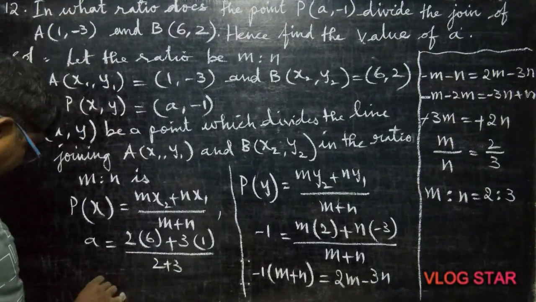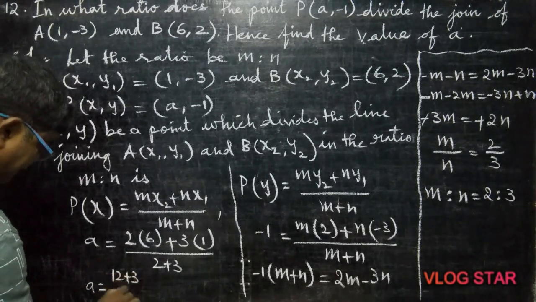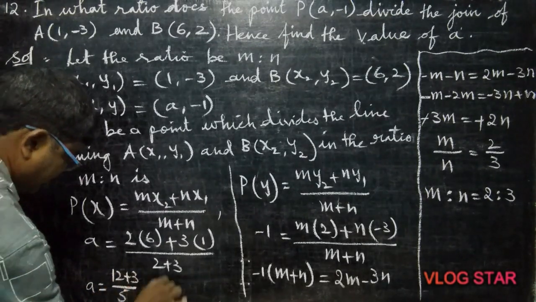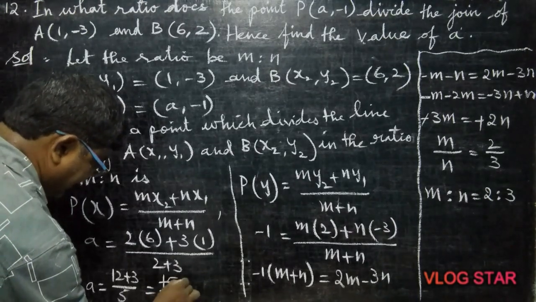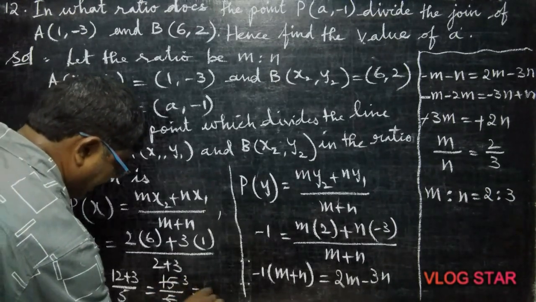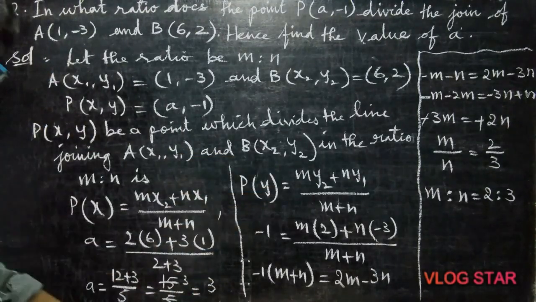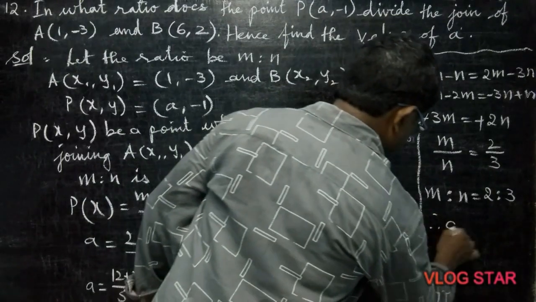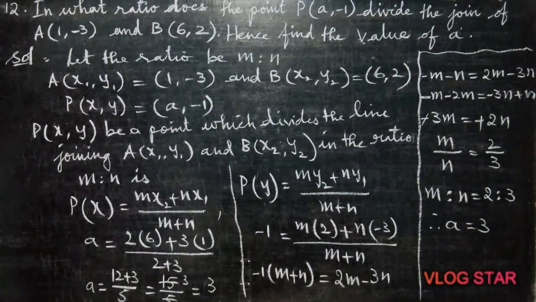Now a is equal to (12 plus 3) by 5. That is equal to 15 by 5. 5 goes how many times? 3 times. So a how much we got, means 3 we got. Therefore a is equal to 3. This is the way of solving the problem.